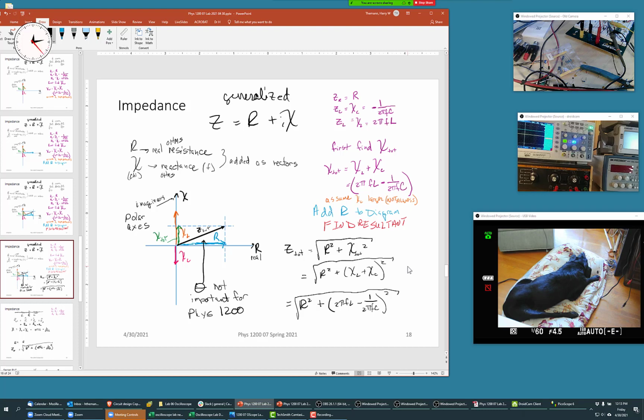And, of course, since we have vector components and we have a resultant, there is an angle of that resultant, but that's not critical, and we're not going to even consider that in Physics 1200, so don't stress about it.